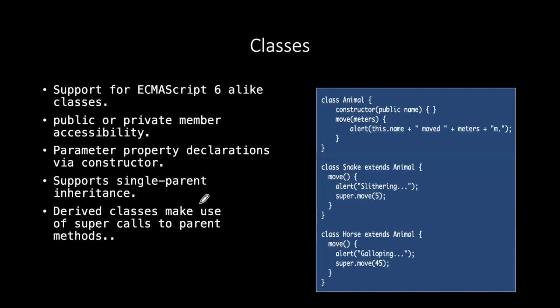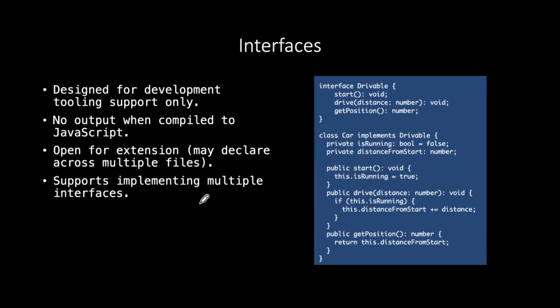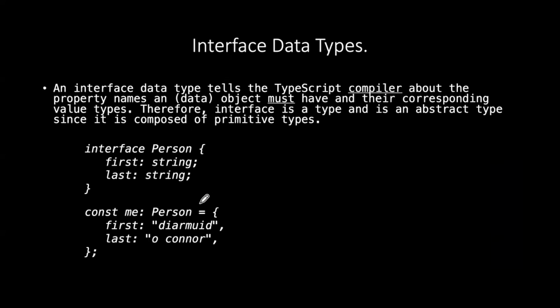That's fine. We have classes. I didn't talk much about those because classes are classes are classes, and the syntax is very like Java. And as it turns out, we won't be using classes, I don't think, at all in this module. We have interfaces, which you were very familiar with from Java. They have the exact same meaning in TypeScript. We have interface data types, which is something new for you in TypeScript. It's a way of enforcing a structure on a data object.